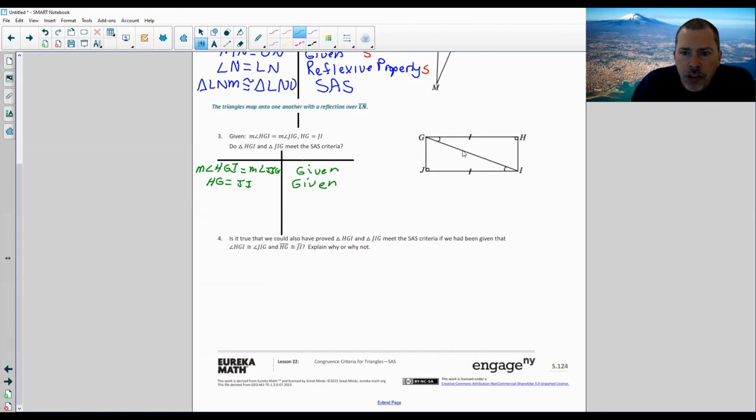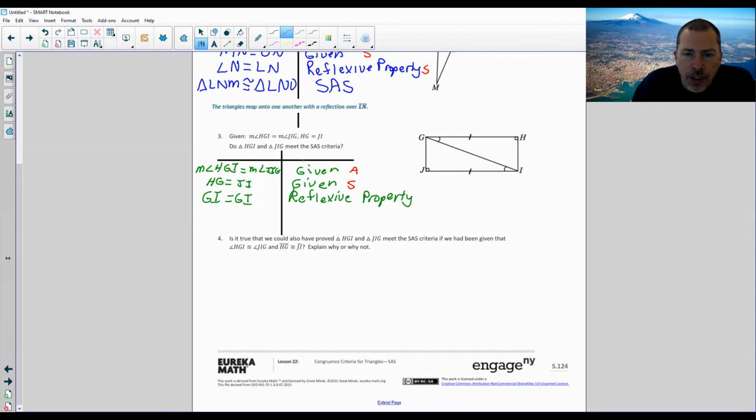Then we can say GI is congruent to itself. Why? Reflexive property. Okay, so then I'm going to go up here. What happened here? We know that two angles are congruent.